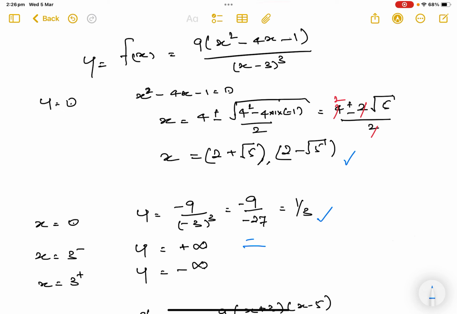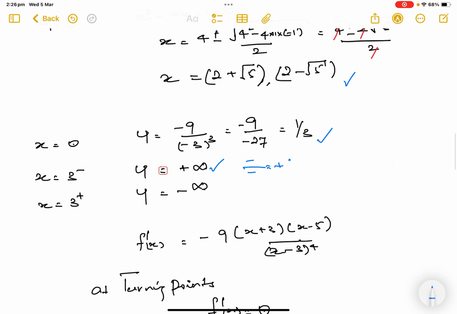So x is slightly less, so that is negative. If you put 2, it is 2 minus 3, that is minus 1, so minus over minus is positive. That is why it's positive infinity.